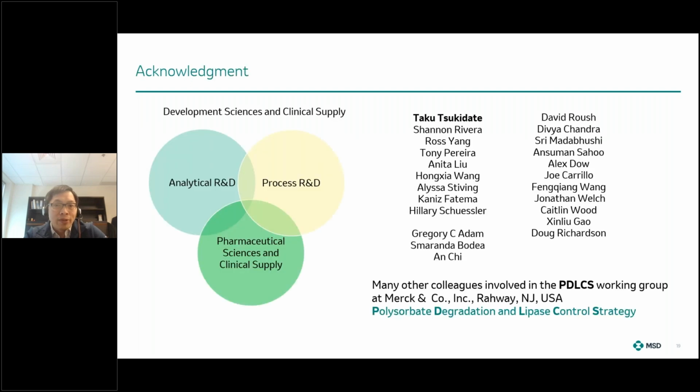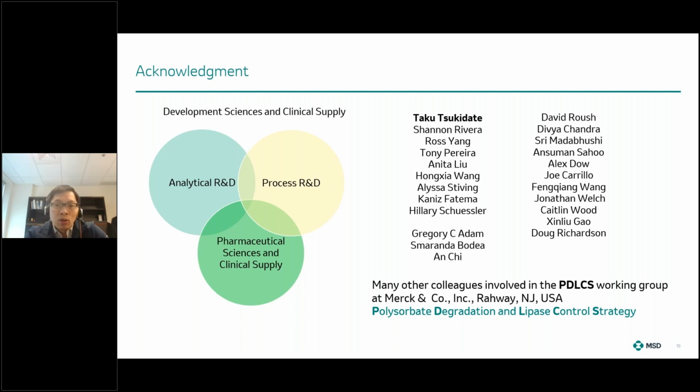The work shown here is a true collaboration across the analytical, process, and formulation departments within Merck. Specifically, I would like to thank the postdoc Taku, who really drove the innovation to help us reach the data shown in this presentation.